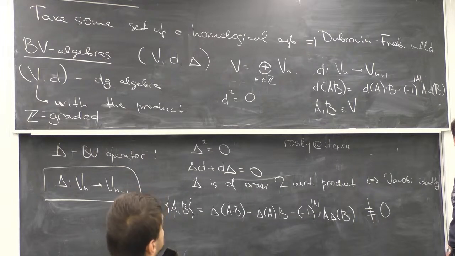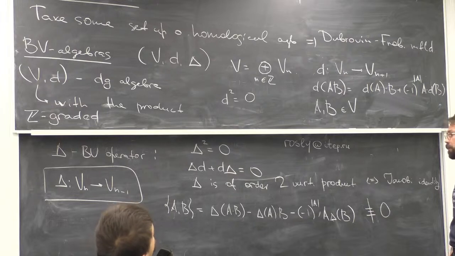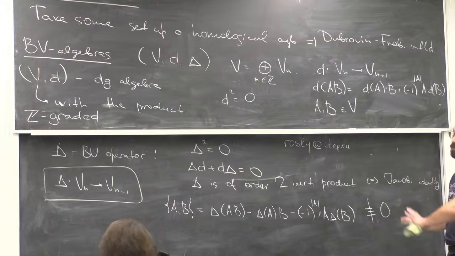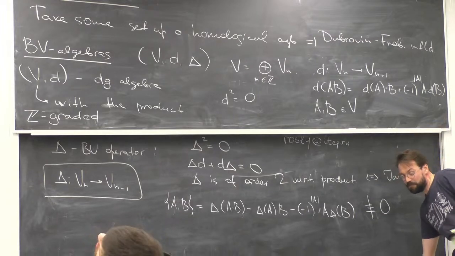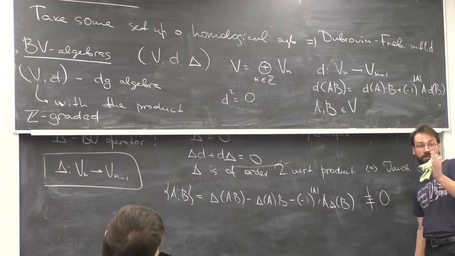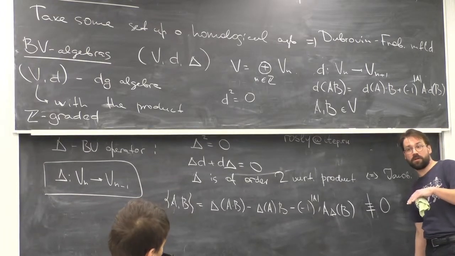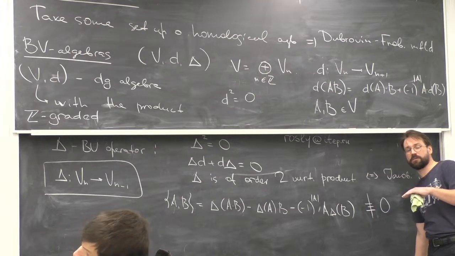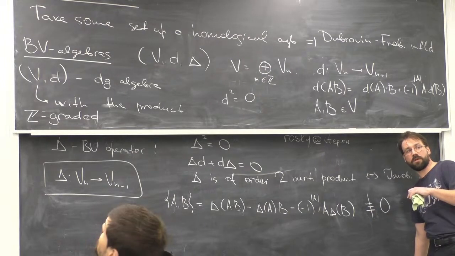I think here it's not important, at least for what I'm going to use. In my case, I will employ a particular BV algebra later on. For that, I think it will be non-degenerate.